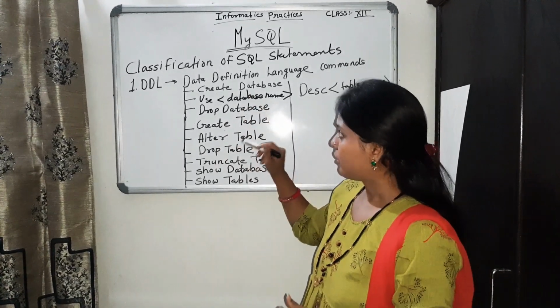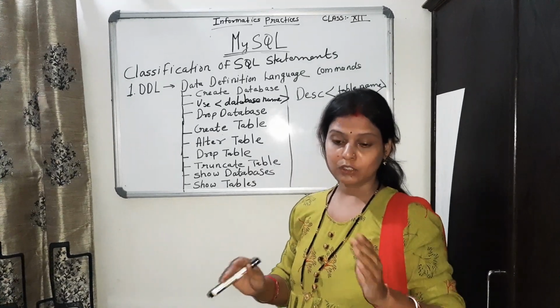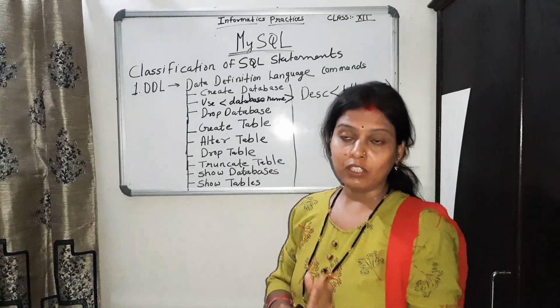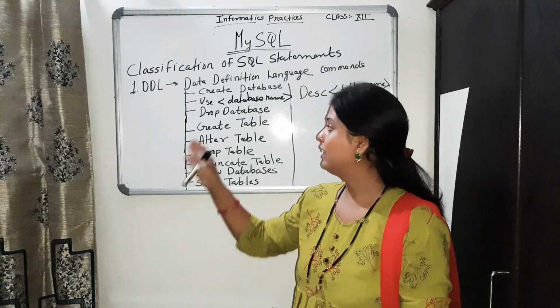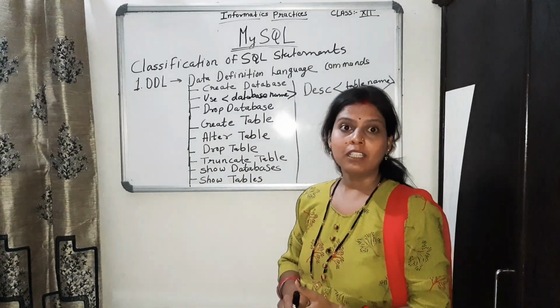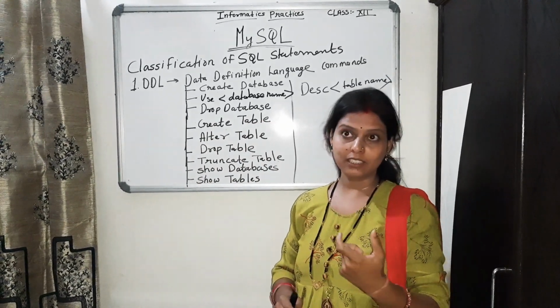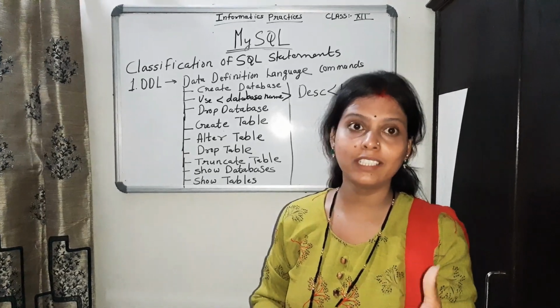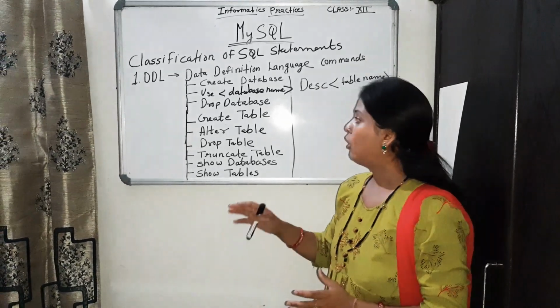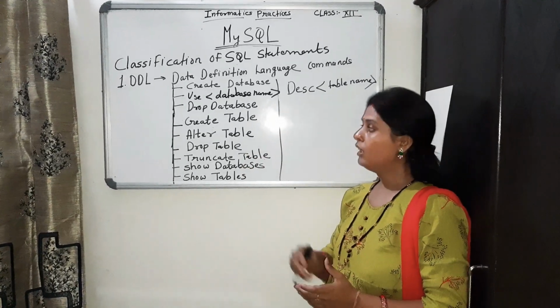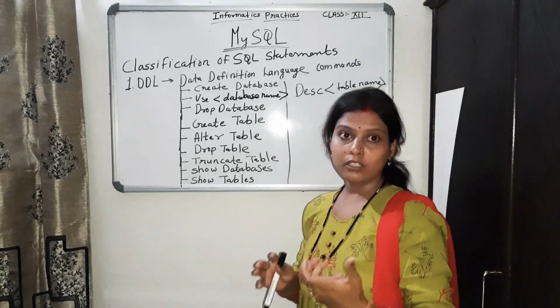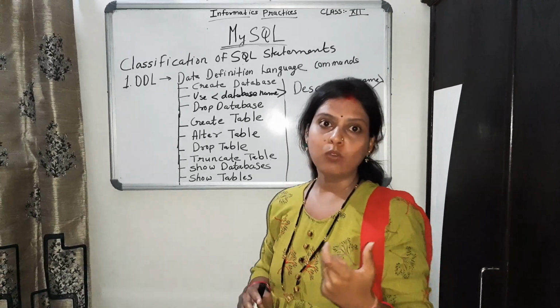And after successfully creating a database and entering into it, the first command that you have to use is create table. The create table command is the keyword you use to newly create a table. Now after successfully creating a table, if you want to alter your table, alter means to change.